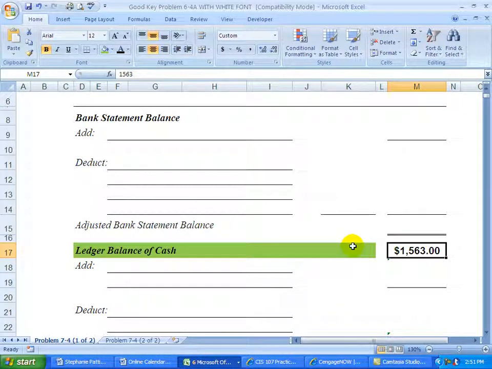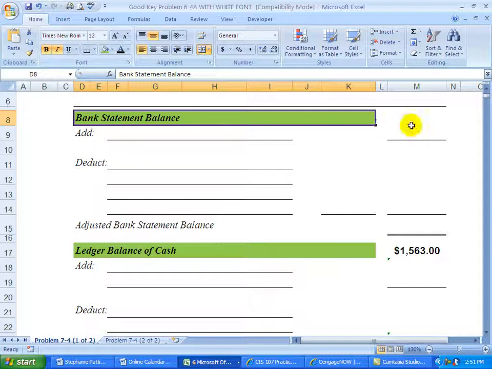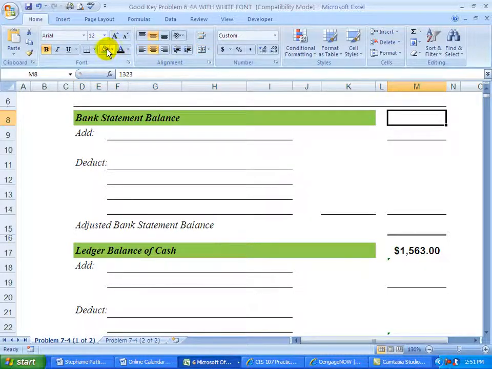Now the bank statement, in the second row down, is a summary balances statement, 1,323. So the bank statement's balance goes right here. And again, it's very unusual for this to be the same number.